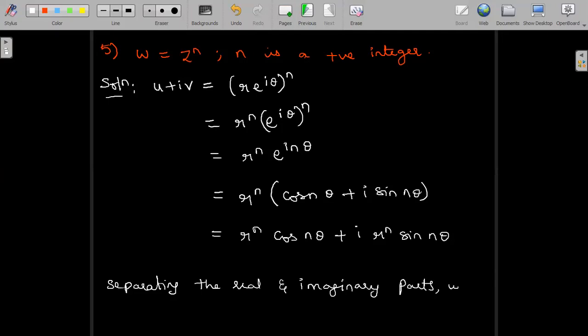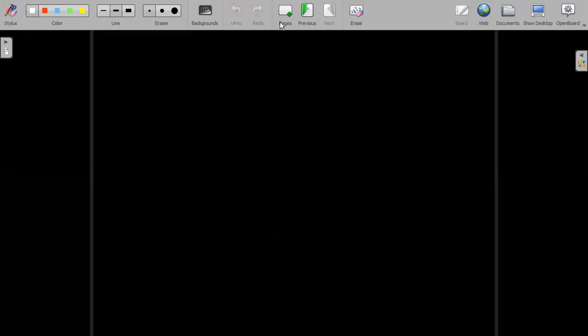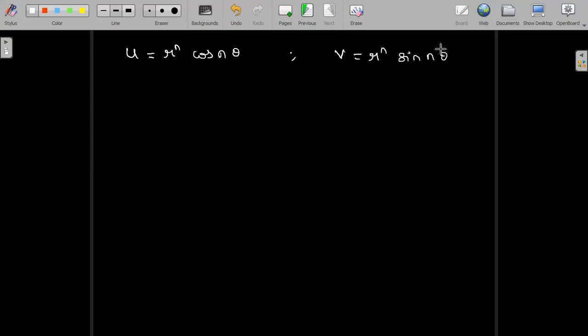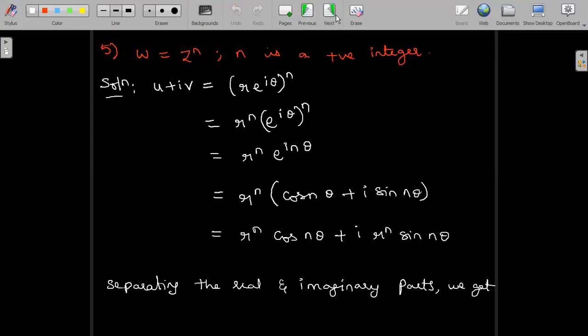Separating the real and imaginary parts, we get u as r power n cos n theta and v as r power n sin n theta.